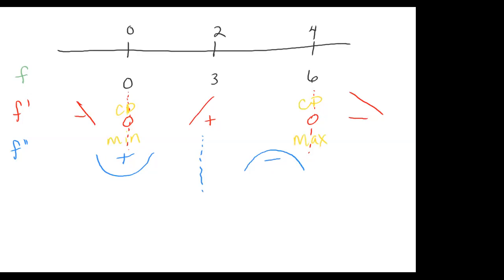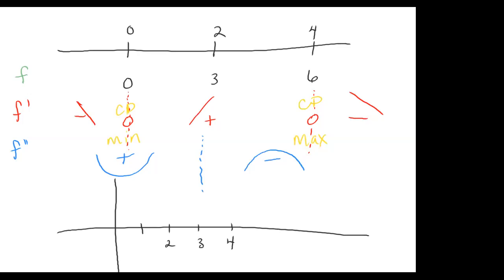Okay, let's see here. I could probably draw a graph with that much information. Okay, so this is 0. This is 2, 1, 2, 3, 4.